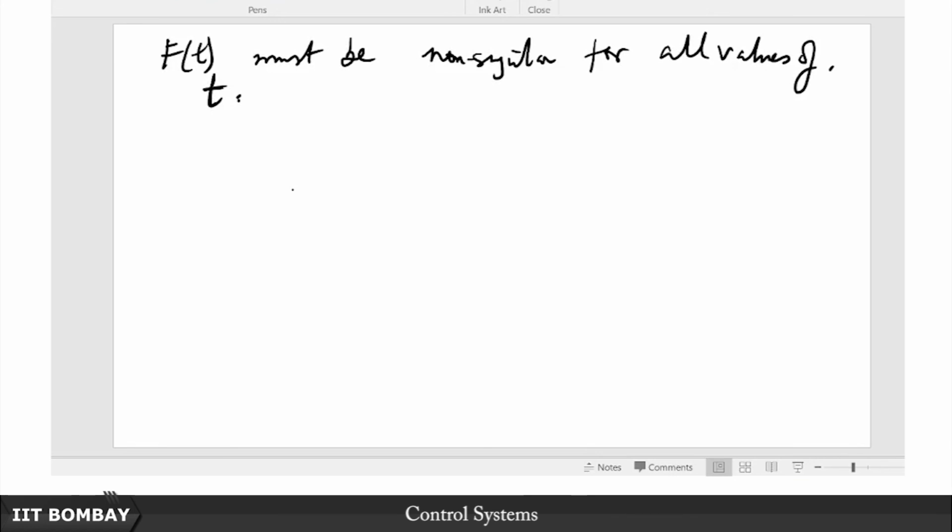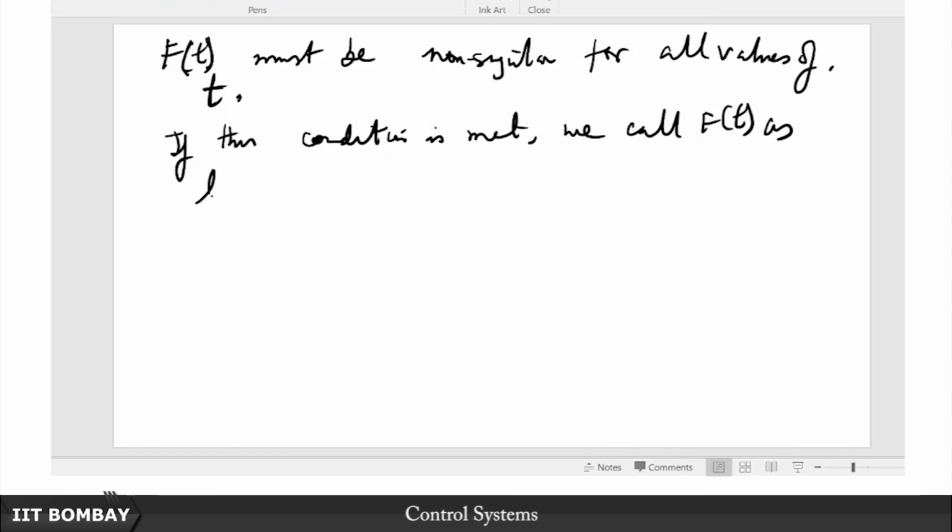So here is our final claim for the day, and we will continue with this in the next lecture. We have already shown that F(t) must be non-singular for all values of t. If this condition is met, we call F(t) the, so this is a definition, fundamental matrix.